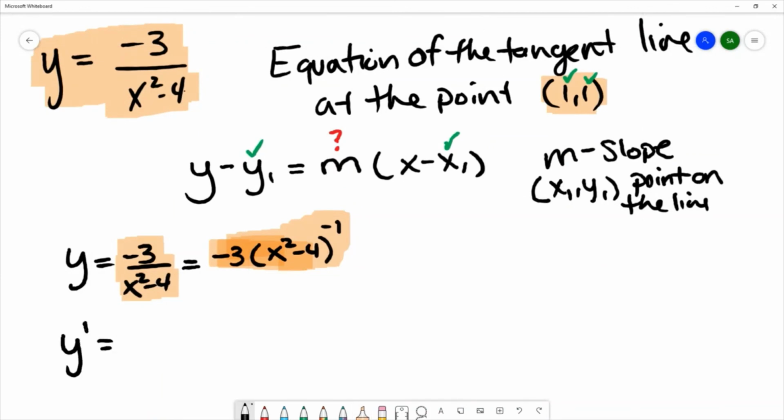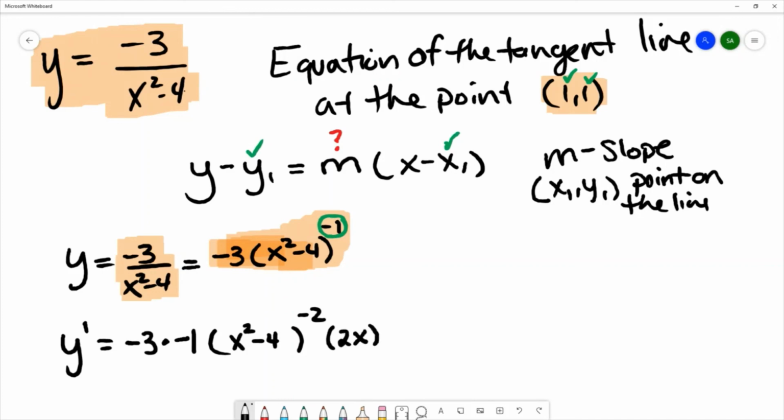So with the chain rule, I'm going to carry down that constant multiple of 3, and we would first calculate the derivative on the outside. That's using the power rule, so we bring that power down and take 1 away from the power. And then we're leaving the inside alone and multiplying by the derivative of the inside.